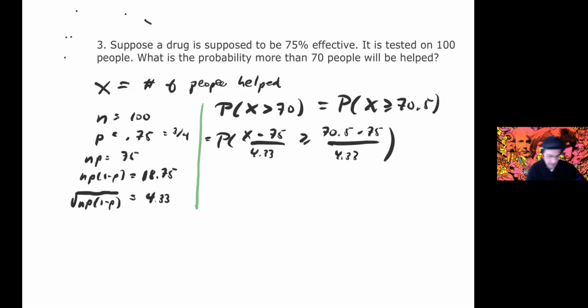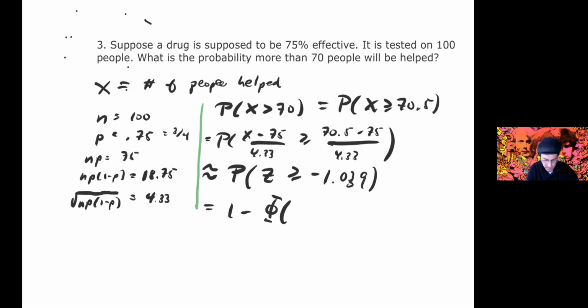And this is approximately equal to, by the theorem mentioned at the beginning, the standard normal z being greater than or equal to, well, if you calculate the thing on the right, you get negative 1.039. So this is 1 minus the cumulative distribution function evaluated at minus 1.039.